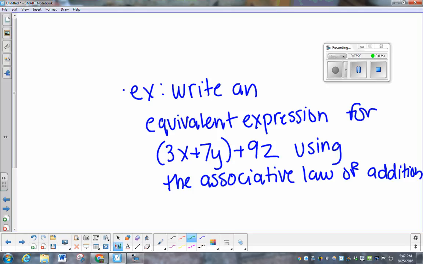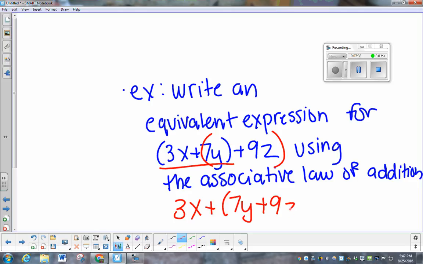So basically, you just change the grouping here. Instead of grouping around the 3x plus 7y, we can change it to be grouped around the second part of this expression. So we can say, well, this is equivalent to 3x plus, and then in parentheses, 7y plus 9z.